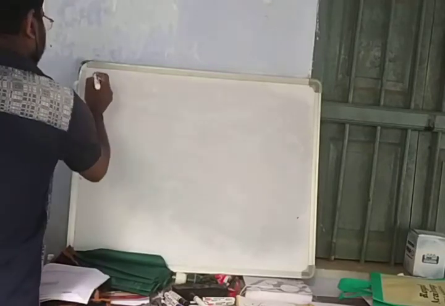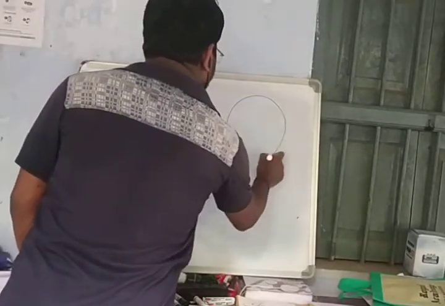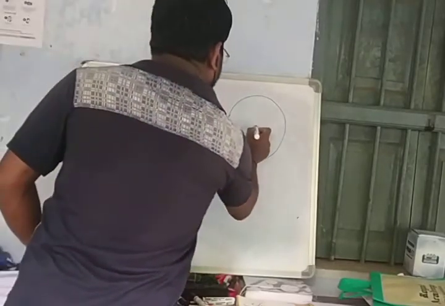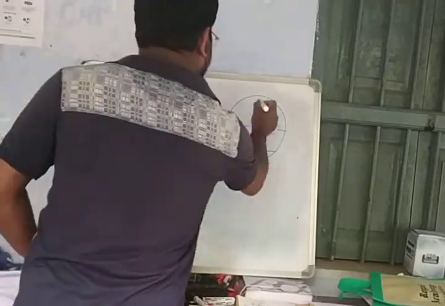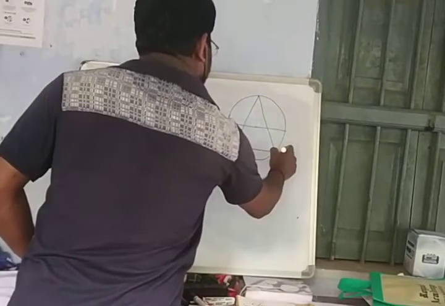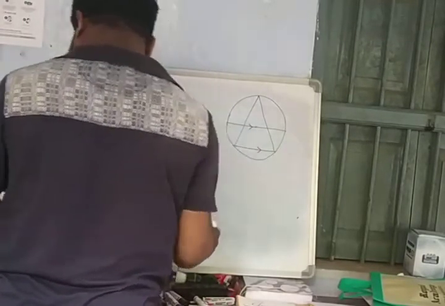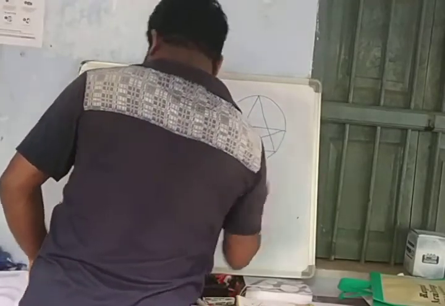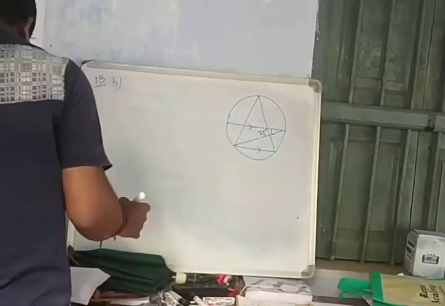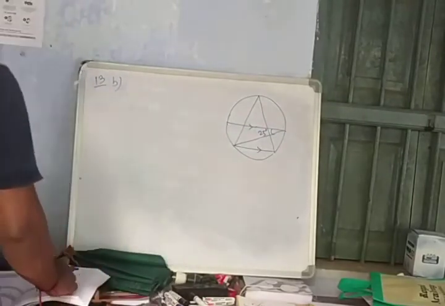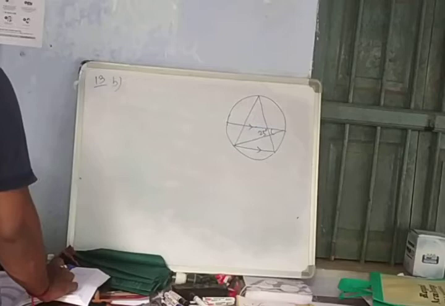Problem number 13B. In the figure given below, O is the center of a circle and chord CD is parallel to the diameter AB.